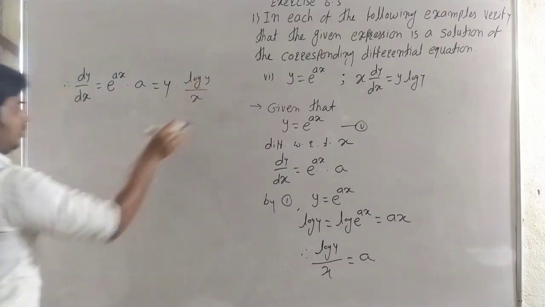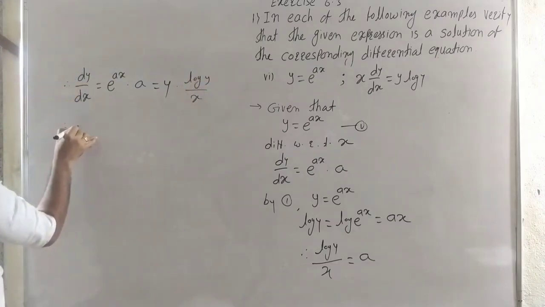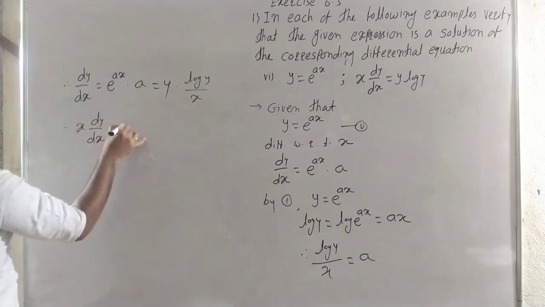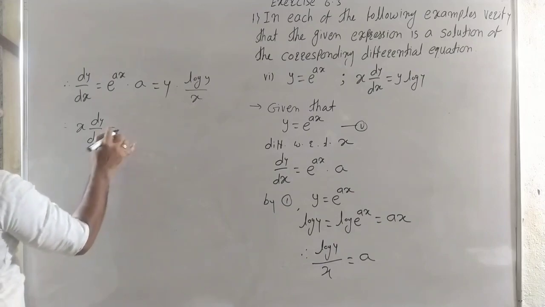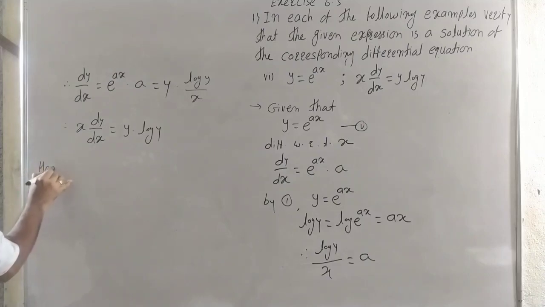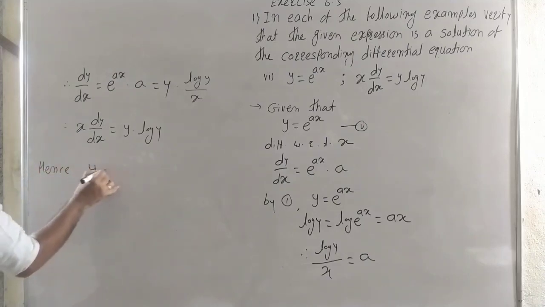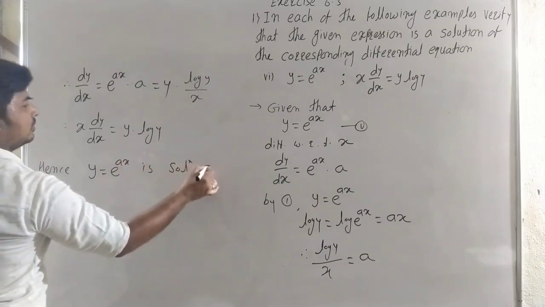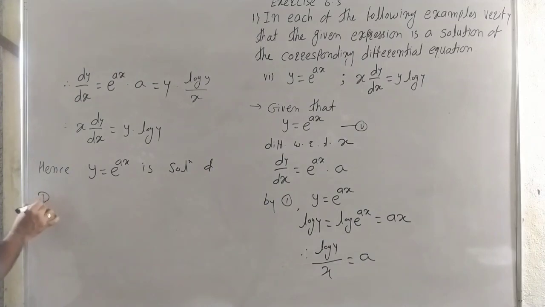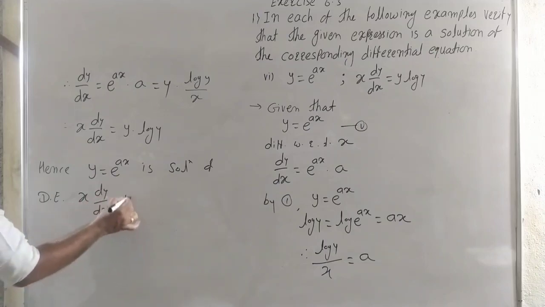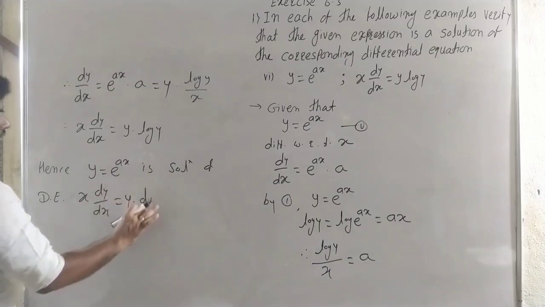And now the last answer becomes x dy by dx is equal to y into log y, and hence y is equal to e to the power ax is a solution of the differential equation x dy by dx is equal to y into log y.